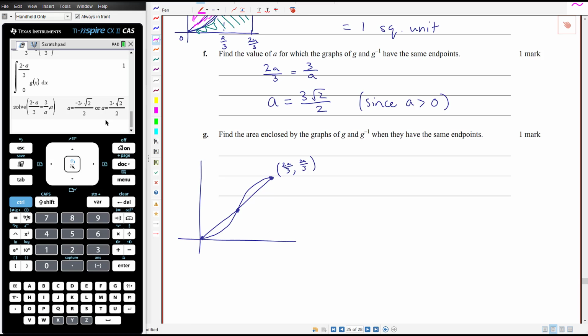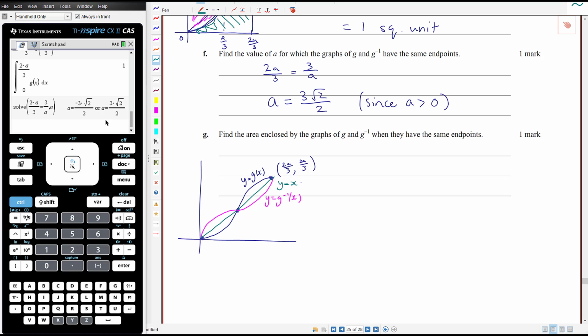And so the inverse function is the mirror image of this. So that's the inverse of g. The blue function is g, and the green line is y equals x.